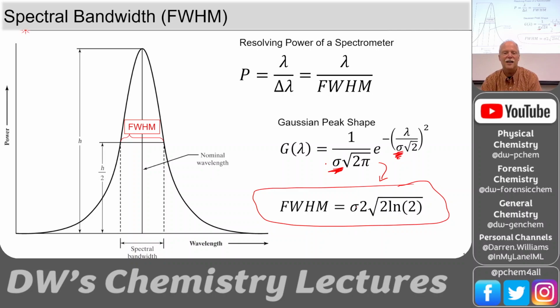So it's not sigma, it's really 2 times sigma, but it's a little bigger than 2 times sigma. So sigma is right about here. It's not halfway down. Sigma is not quite halfway down. So you have to expand sigma a little bit, okay? Times the square root of 2 times the natural log of 2, okay? Oh, sigma is actually the inflection point.